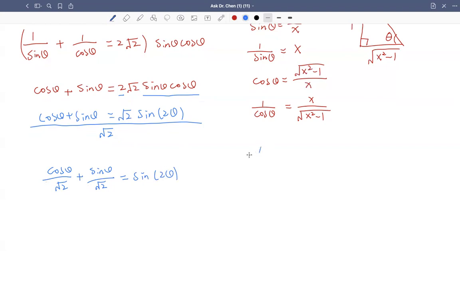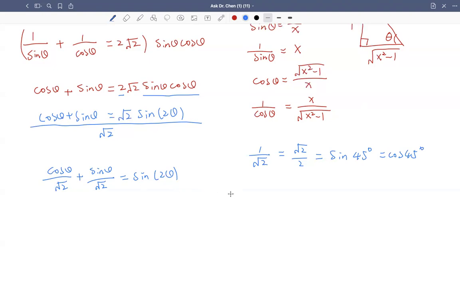Well, remember 1 over square root 2, or square root 2 over 2, that's the value of sine 45, which is pi over 4, and cosine 45, or cosine pi over 4. So this one we can write as, should we use a cosine? We can use either one.